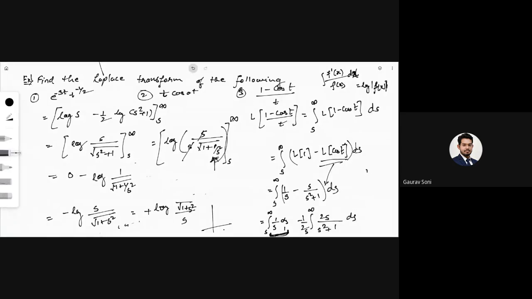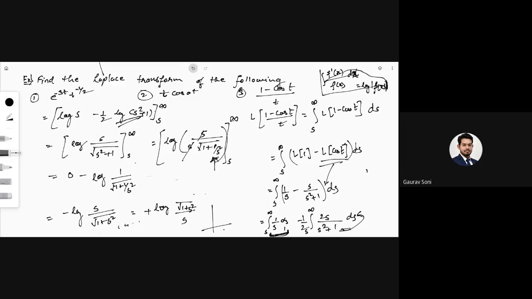So in this case it is s square plus 1, so its derivative I know is 2s. So I have to make 2s in the numerator. In order to make 2s, I have multiplied and divided by 2 there. So the derivative of s square plus 1 came on top. So by this formula, the answer will be equal to log of s square plus 1. Is it right here? Yes, sir.